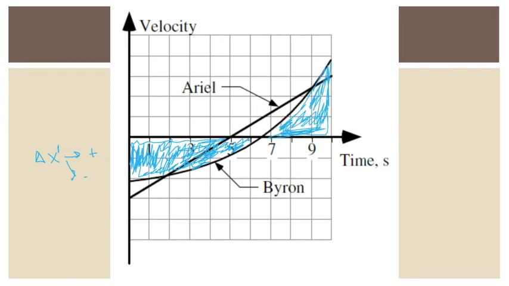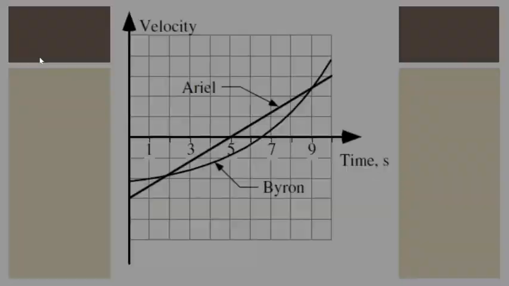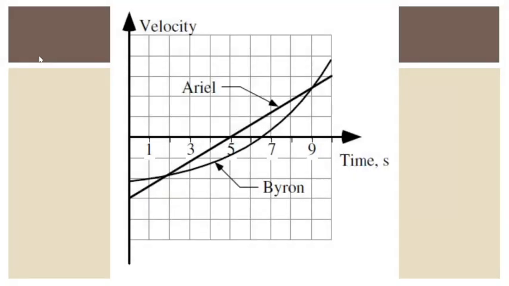And so really what this question is asking you to compare is the positive displacement to the negative displacement. And so here, all you have to do is count the boxes. We've got 1, 2, 3.